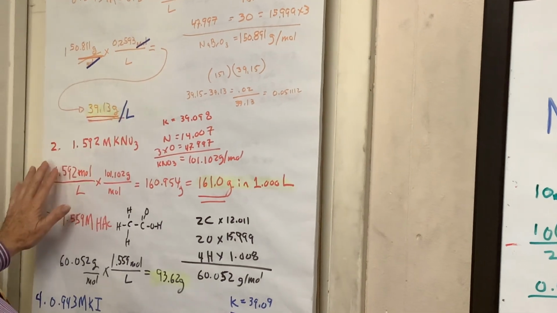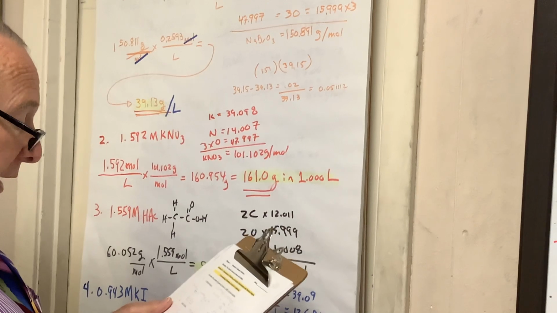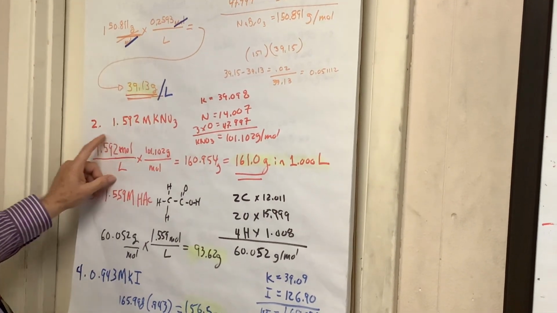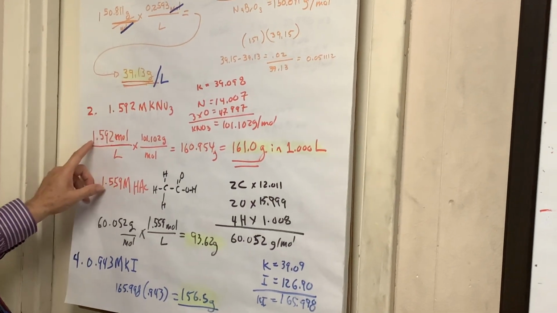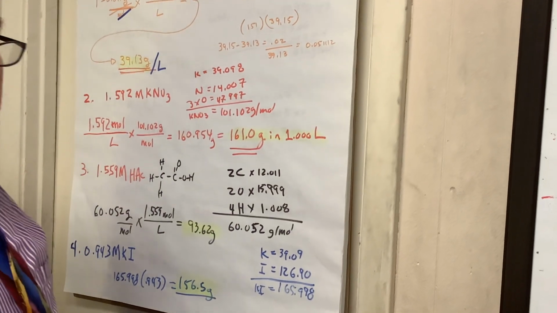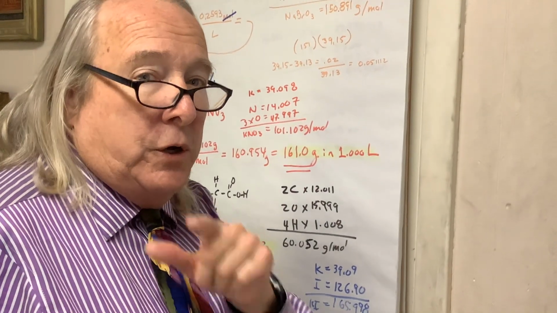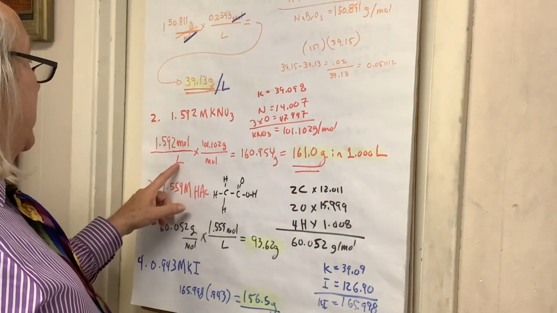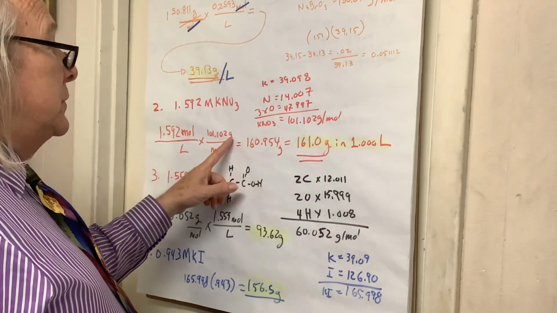There's your answer. So the next one says, more quickly now, 1.592 molar potassium nitrate, KNO3. 1.592 molar, big M, is the same as 1.592 moles per liter. I want to know how many grams that is. I can't do anything if I do not know my molar mass. So I want to get rid of these moles and convert this to grams.